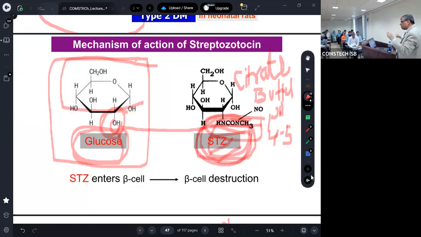Tomorrow I'll show you how to calculate it. We make a formula such that we give the streptozotocin dose according to body weight, say 65 or 40 milligram per kg body weight. So we have to measure the body weight of the rat. If we induce diabetes tomorrow, today we measure the body weight of the rats.